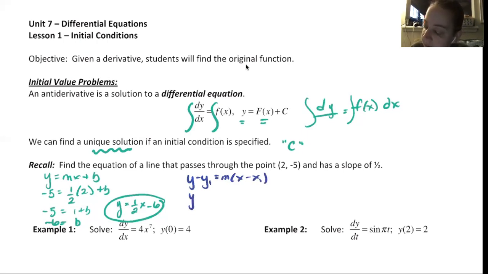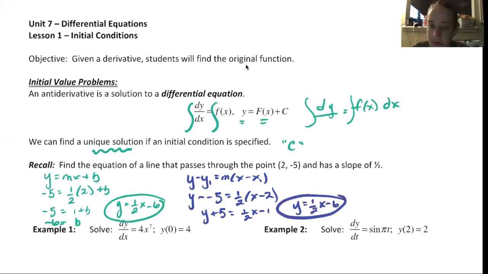So y minus a -5 is equal to 1/2 times x minus 2. So y plus 5 is equal to 1/2 x minus 1. And if I subtract that 5 to the other side, I get y equals 1/2 x minus 6. Okay, same thing. So slope-intercept form, point-slope form, all that's Algebra 1.